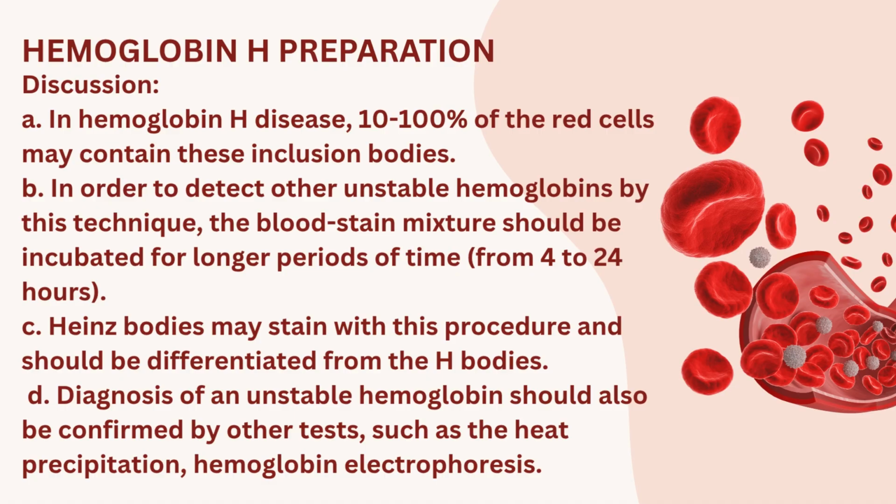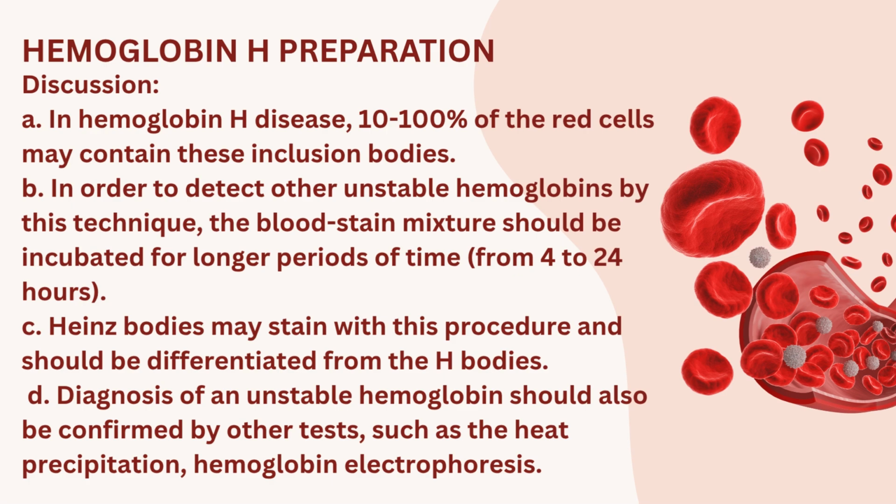So in hemoglobin H disease, 10 to 100% of the red cells may contain these inclusion bodies. However, in alpha thalassemia trait, only a few red blood cells, 0.01 to 1%, will be seen with hemoglobin H bodies.